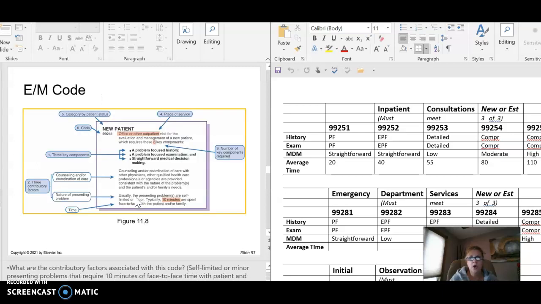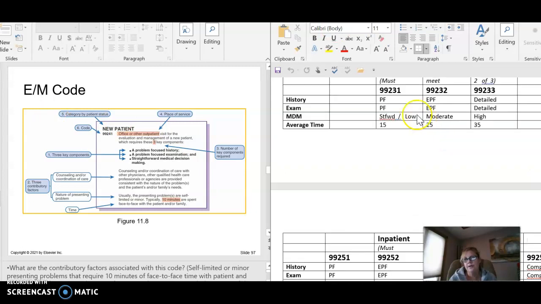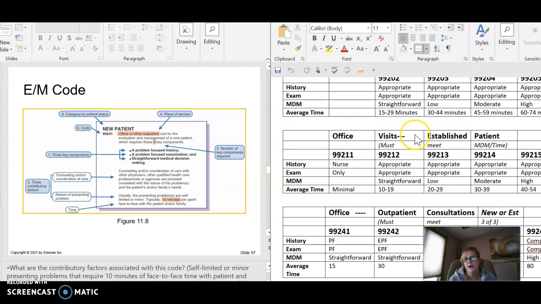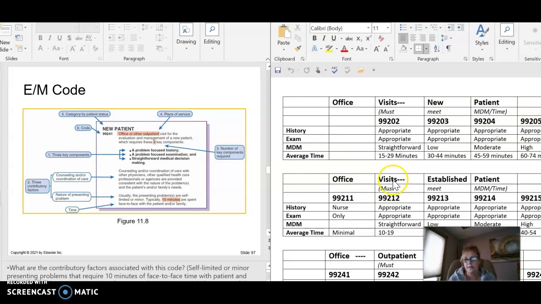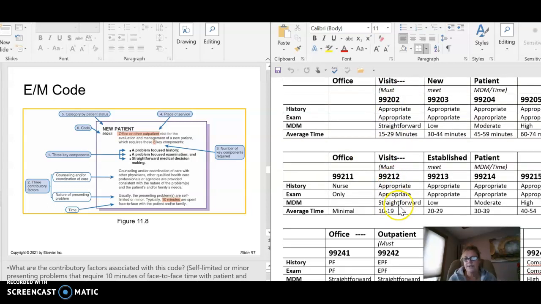Okay, so E&M code, let's just focus here. Every E&M code that you read through in this E&M section, unless they're age related, is going to say 2 key components or 3 key components, unless we are dealing with our office visits. With the office visits, they changed that, where we're looking at just decision making and time.